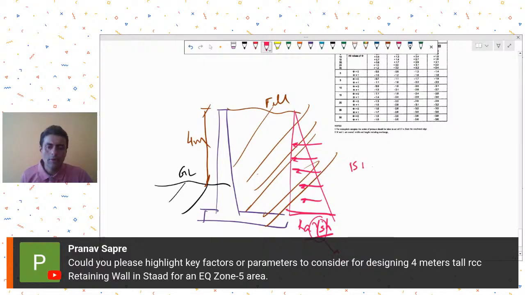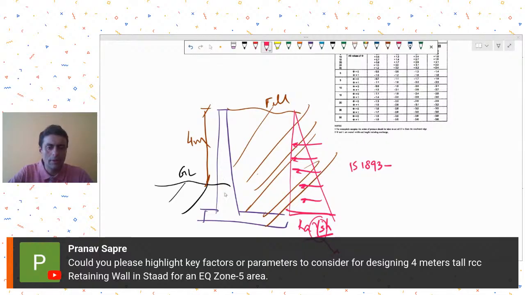So I think for this, although I have not thought about it before, there is this IS 1893 part for retaining structures. I will just look and tell you.